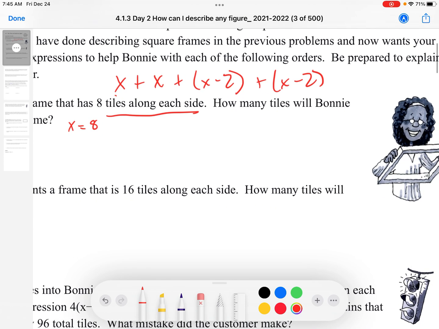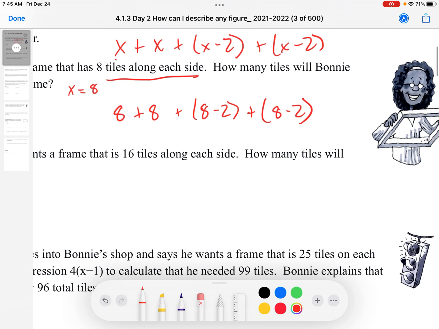So 8 plus 8, and then 8 minus 2 plus 8 minus 2. 8 plus 8 is 16, plus 8 minus 2, which is 6, plus 8 minus 2, which is 6. 16 plus 6 is 22, plus 6, which is 28. 28 tiles.